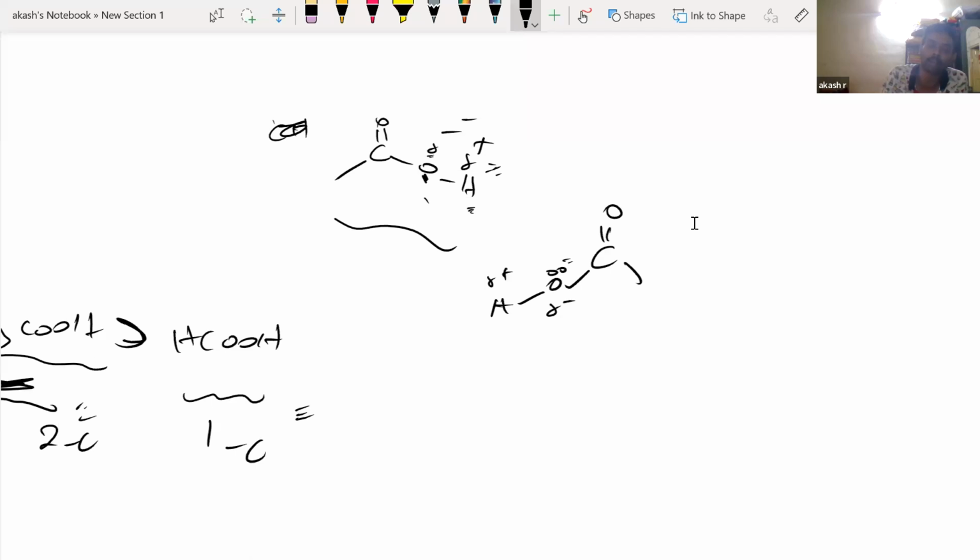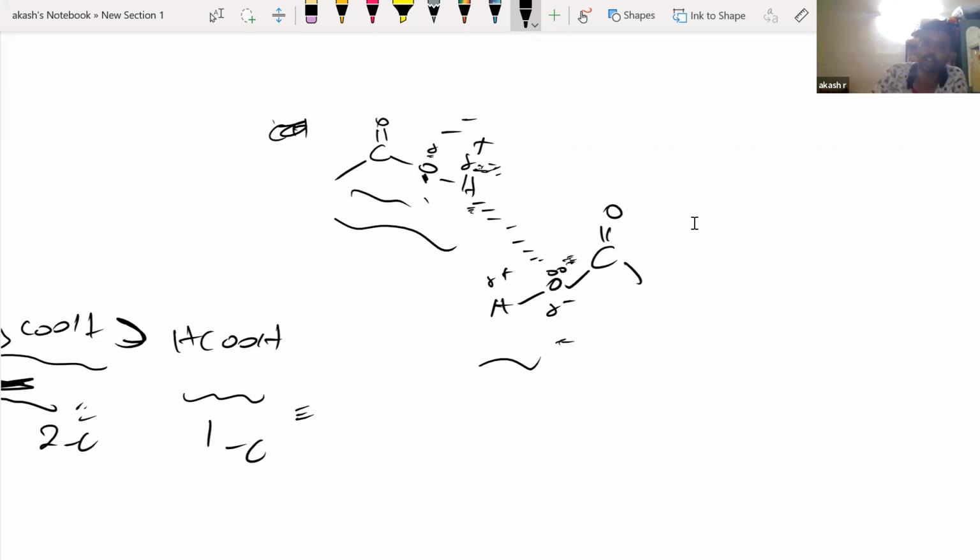Or you can say I'm going to have interaction between this del positive and this del negative, but the correct way is to look for the lone pair only. The attractive force between the del positive and the lone pair is the best way to represent it, so you can put a dotted line between the lone pair and the del positive. This is one molecule, and another molecule, and they're very strongly attracted to each other with the help of hydrogen bonding.